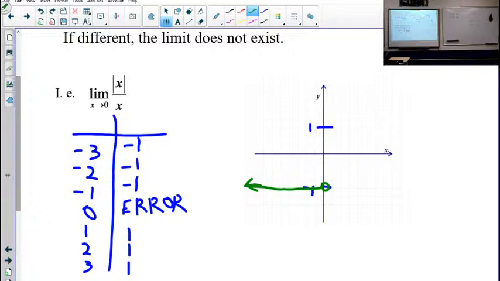On the right-hand side, if I plug in 1, I plug in 2, I plug in 3, all that's fine. I get a +1. So the idea here is limit as x approaches 0 from the left. If I'm approaching 0 from the left, what is it? What y value am I getting closer to?